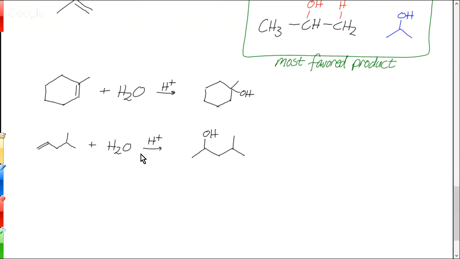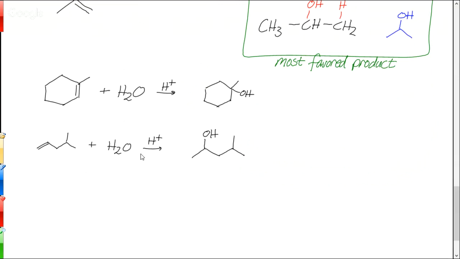Sorry. Yeah, so you see the structure there? The OH has to go on one of the two carbons from the double bond. So either the left or the right, one of the two carbons, because that's where it's connecting. It's adding across the double bond. So the H to one side of the double bond, the OH to the other side of the double bond. Well, sort of. This is the major product.